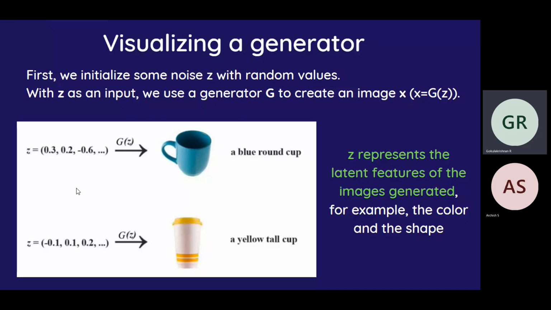You don't know whether the first number maps to color and the second number maps to shape. A combination of numbers might map to color. We don't know exactly. But the neural network takes care of that, and it gives you the required output image.